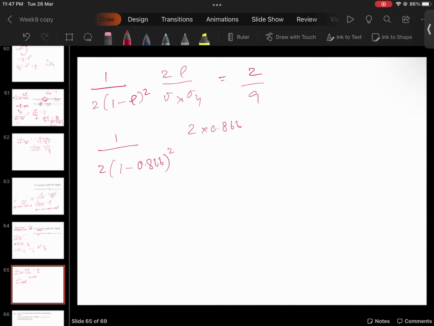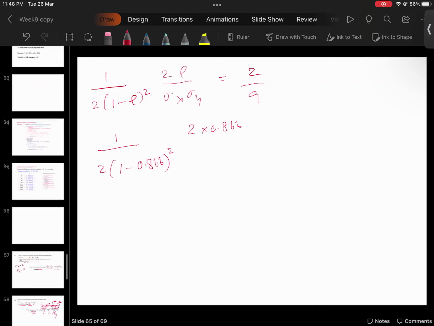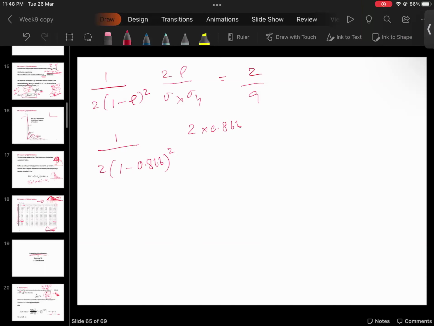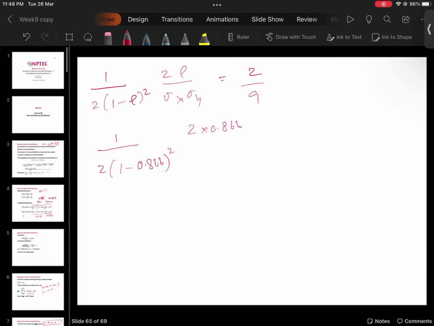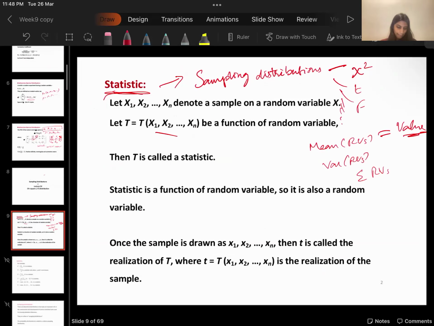By comparing the first term, putting the value of standard deviation x and standard deviation y, and comparing the first terms, 1 upon 2 pi.